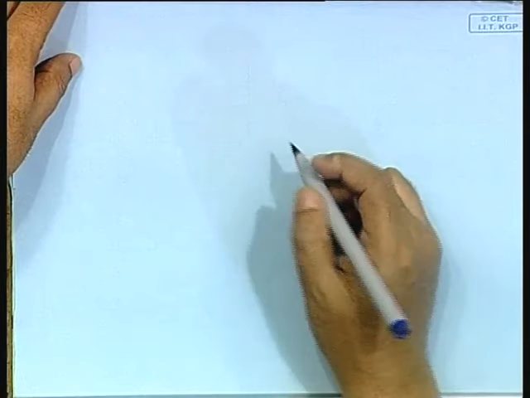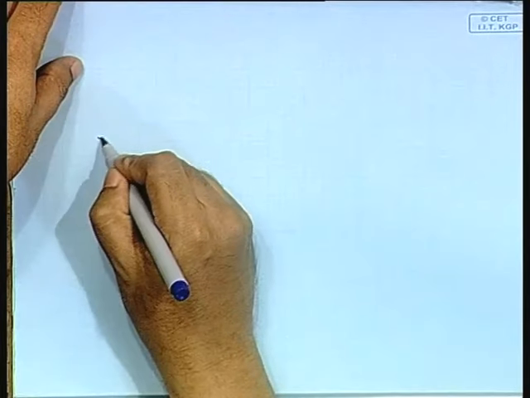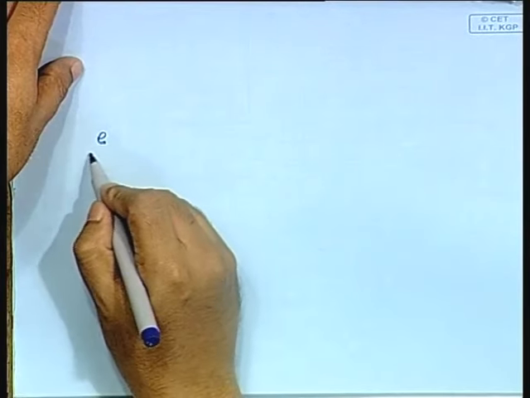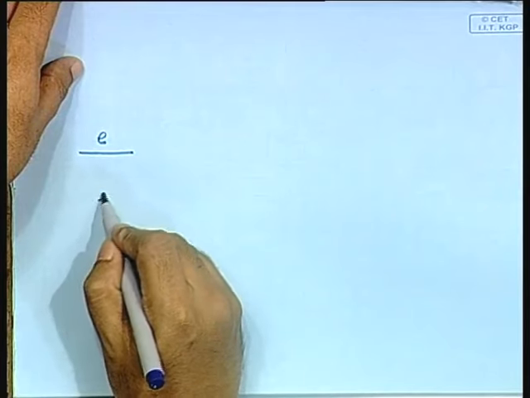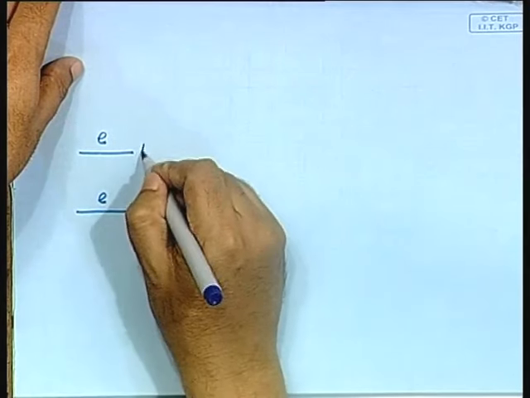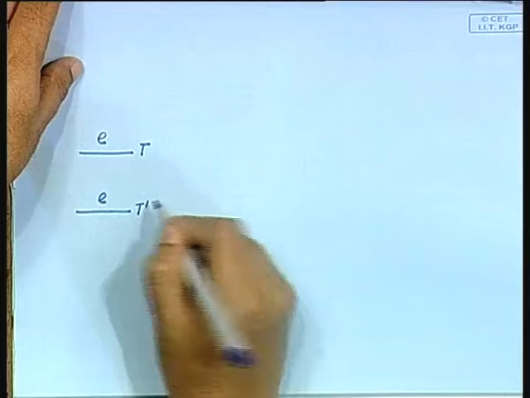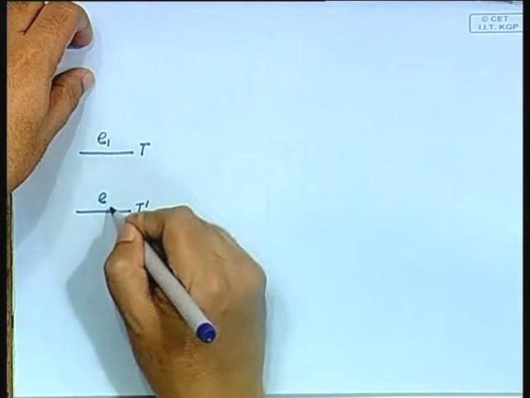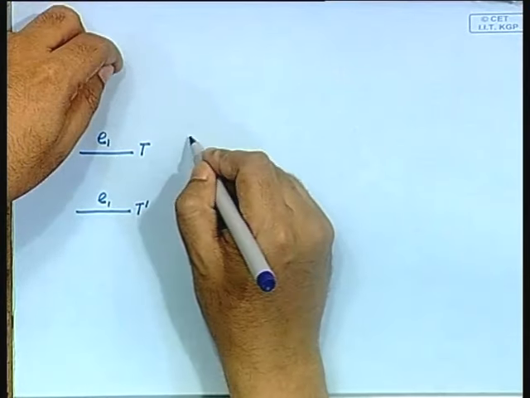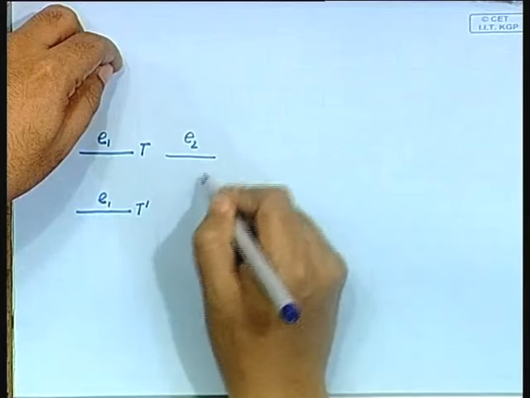Okay. So, suppose you get the edge E. Now, edge E is there in both T and T dash. So, T is one minimum spanning tree, T dash is another minimum spanning tree. So, E1 is there in both of them. Okay. E2 is there in both of them.